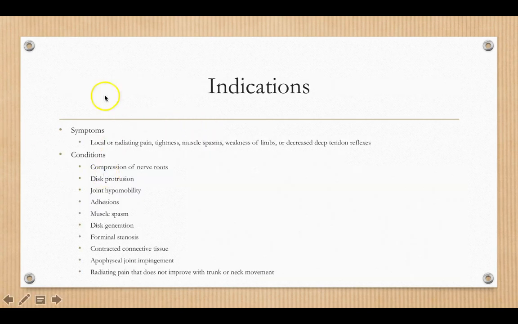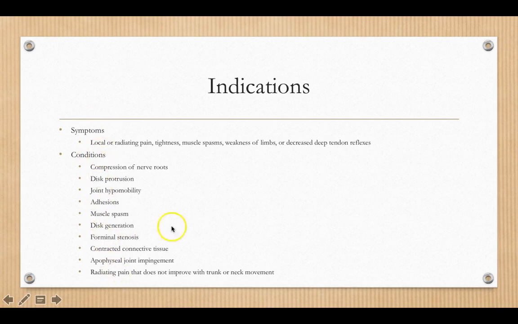So indications, it's really about the symptoms. Are they having local or radiating pain, tightness, muscle spasms, weakness in the limbs, decreased deep tendon reflexes, usually on a single side, potentially both sides. So we're looking to decrease those types of symptoms.